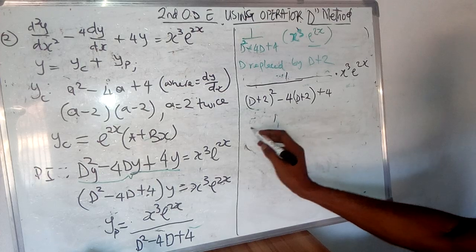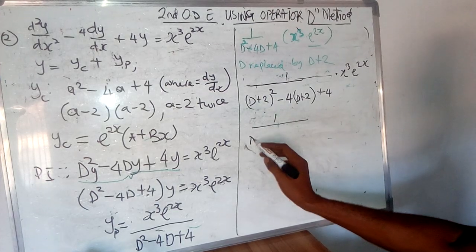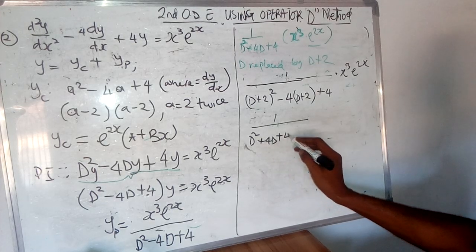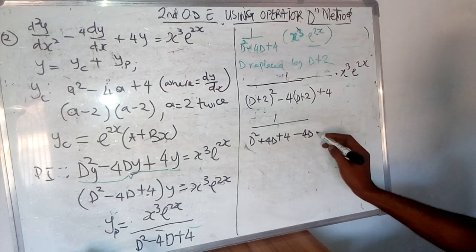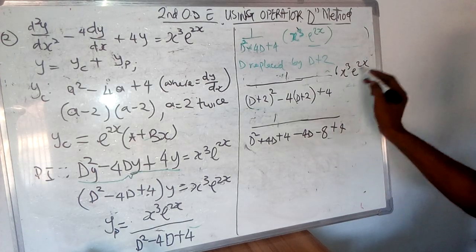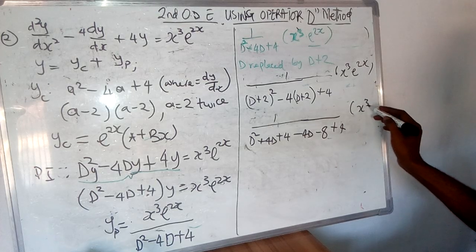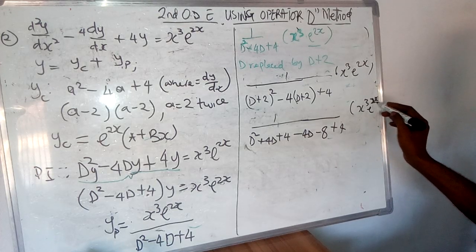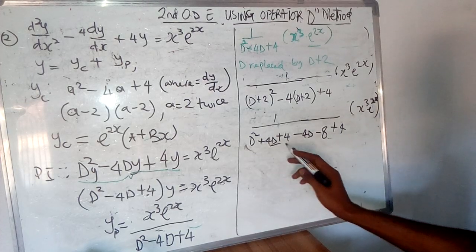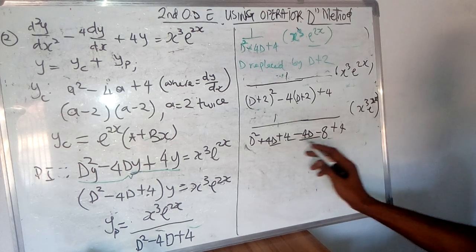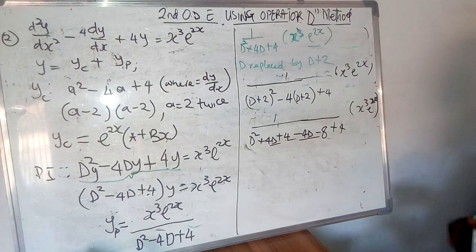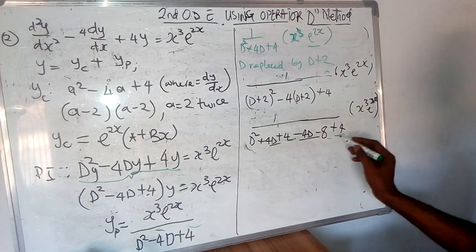This will give you, if you expand it, d squared plus 4d plus 4 minus 4d minus 8 plus 4, and this is operating on x cubed. This will go with this, and these two, and this plus this will take this out.